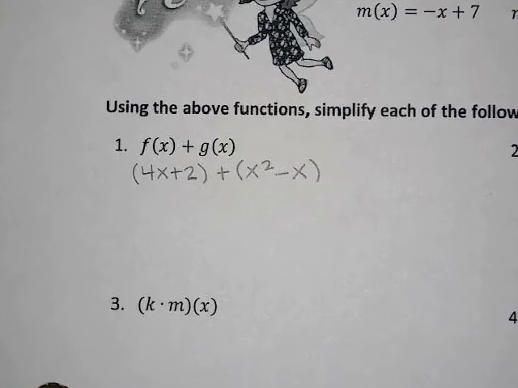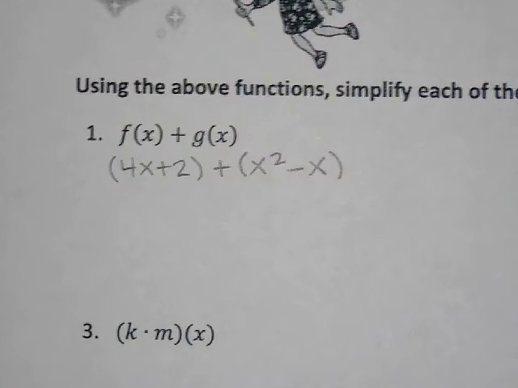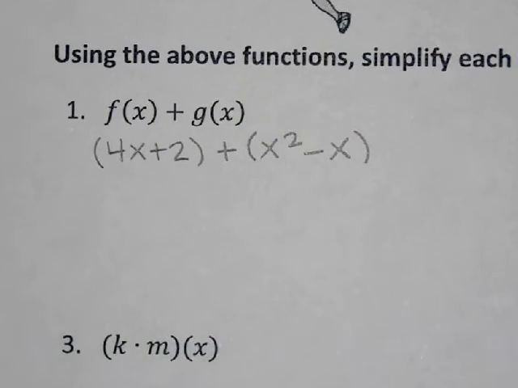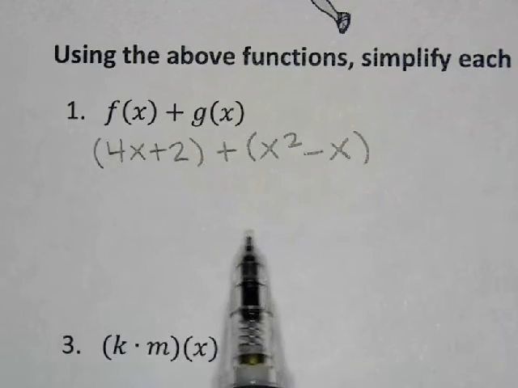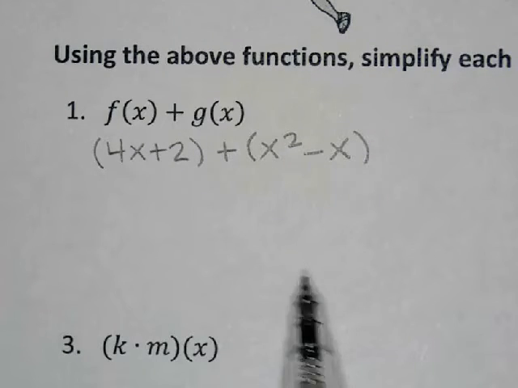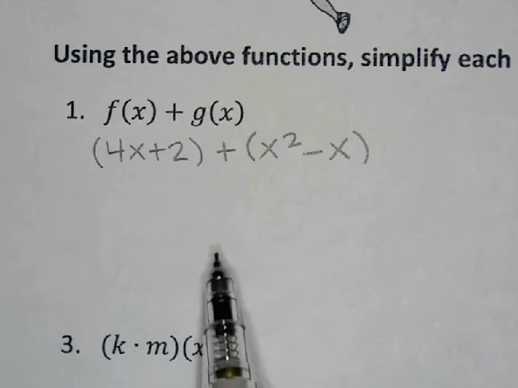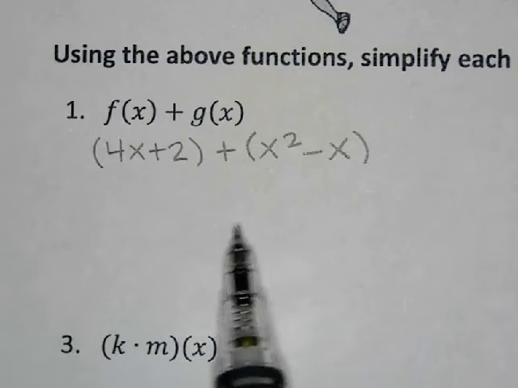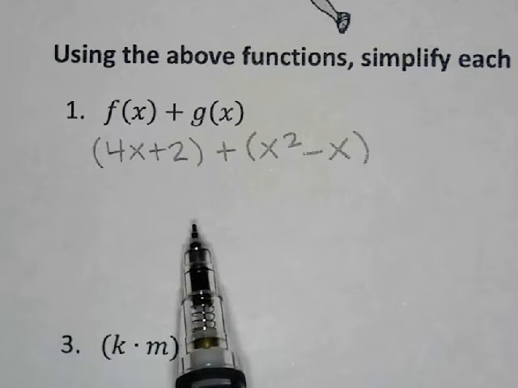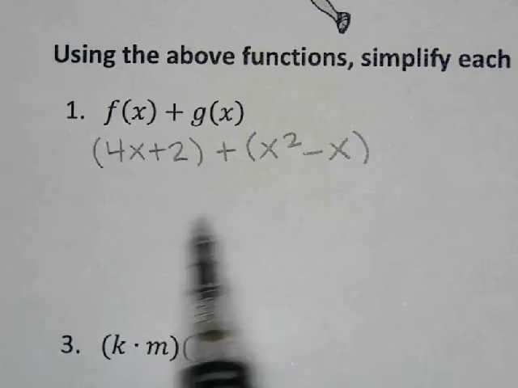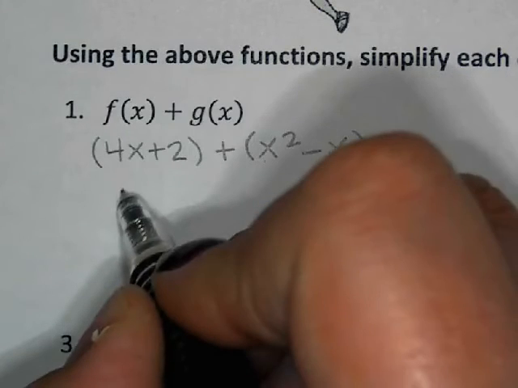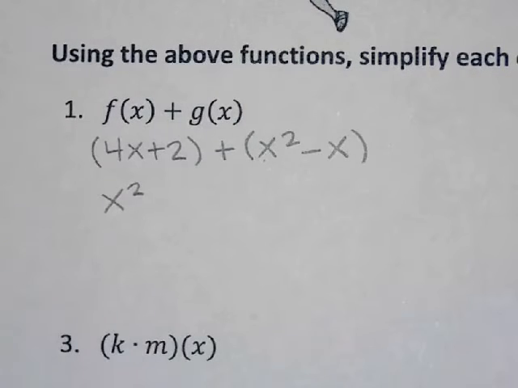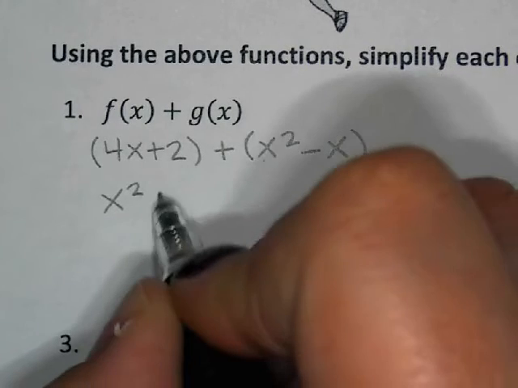No. So with an addition problem, we're just going to kind of combine like terms. And so what should we write first? Which term do we always start with? The squared one. Okay, so I'm going to write x squared. And then what comes next? Plus 3x. Okay, and then what comes after that? Plus 2. Perfect.